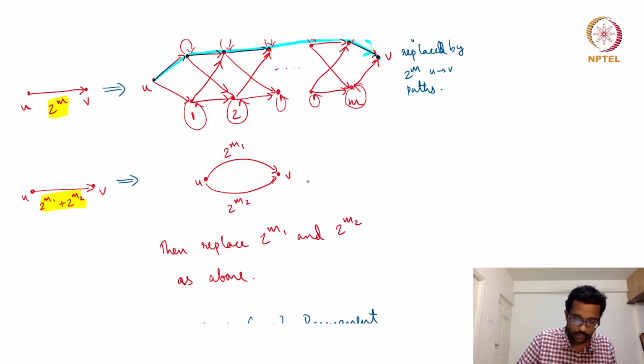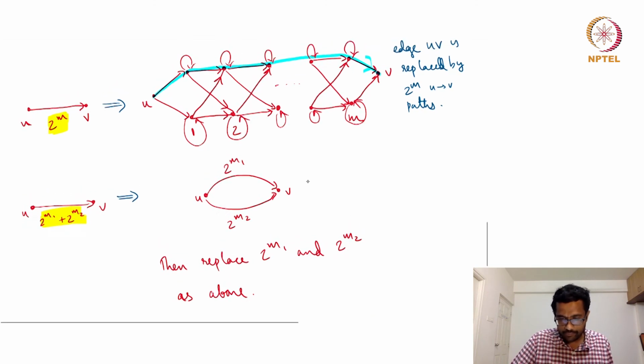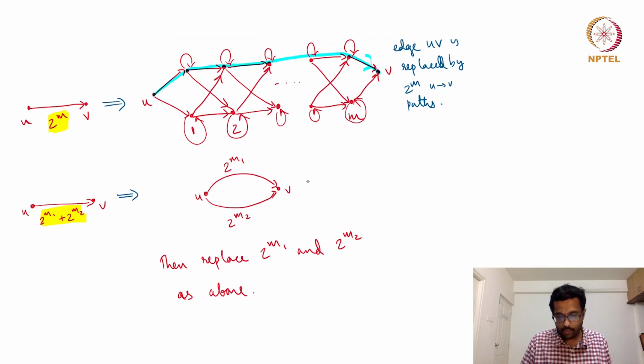So one network that has m1 layers, and one network that has m2 layers. And any number can be represented as a sum of powers of 2, so any non-negative weight can be represented as a bunch of networks like this.